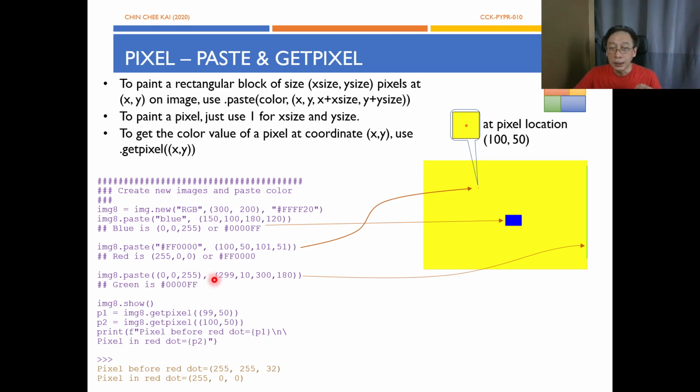So starting at and including 299 until and excluding 300, okay, paint the width, and then starting at 10, which is 10 pixels down from the top, and ending at 180, which is 20 pixels up from the bottom, paint the entire rectangular block green. So this turns out to be 1 pixel wide, which is a line.